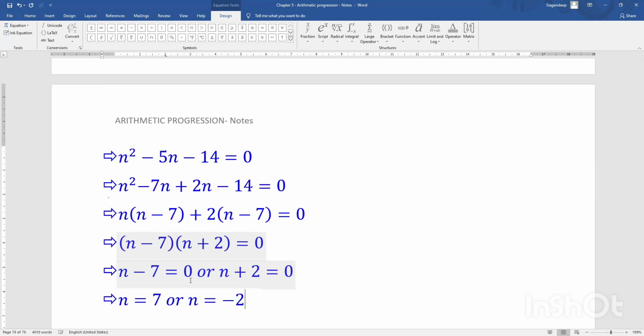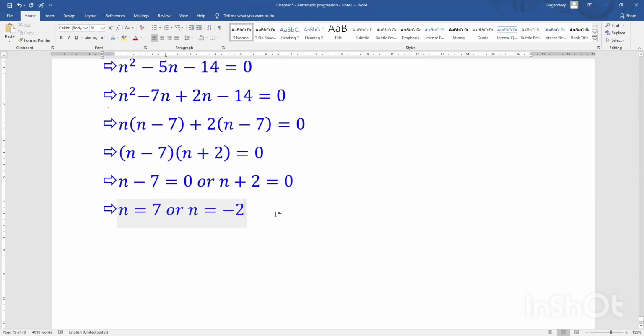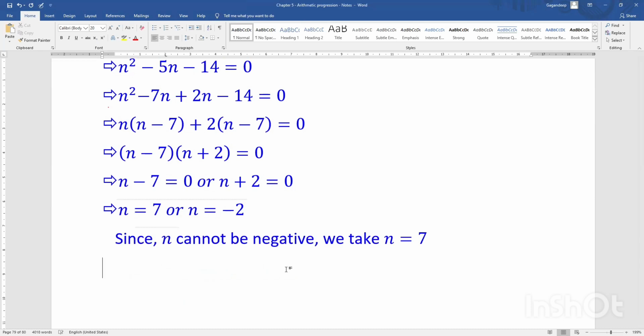Now we can write the conclusion. Since n cannot be negative, we take n is equal to 7. Next what I do is I'm going to put n equals 7 in 1.